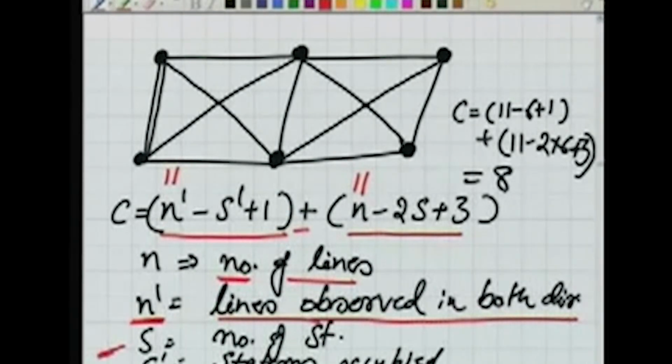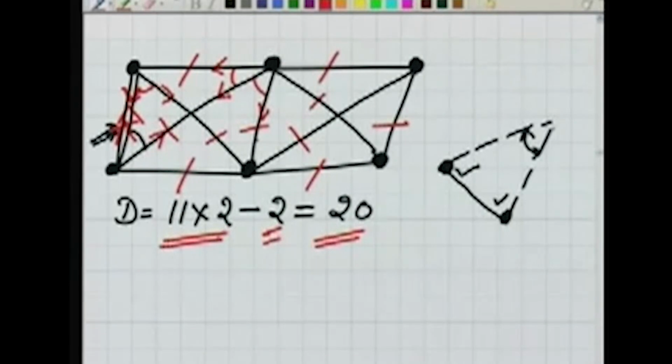S is the number of stations. How many stations are there? Here in this case 1, 2, 3, 4, 5 and 6. There are 6 stations, so S is 6. 2 multiplied by 6 here, 2S. S dash is stations occupied. There could be a situation when there are stations which are not occupied, as in this case.